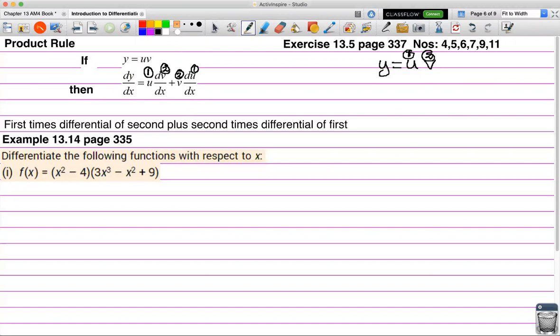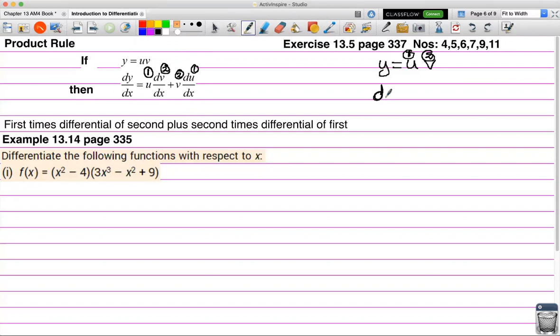Now, it's very important that you follow what I'm about to say, because what you have here is the first function times the differential, d for differential, of the second. So we're going to be writing this in words.